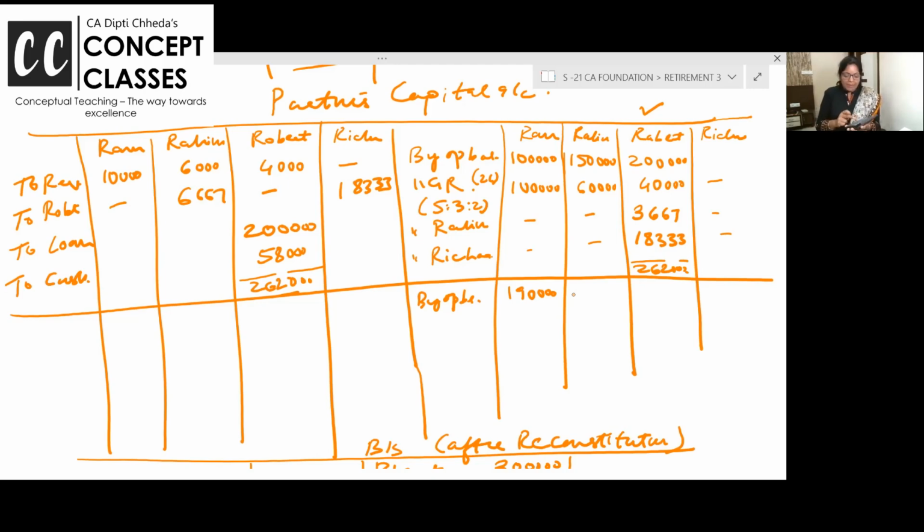Rahim's capital is coming an odd amount, 150 plus 60 minus 6,000 minus 6667. Okay, here also we went wrong. Let's go, 3667. Change karo. Change it. That 3667 mistake is wrong here also.